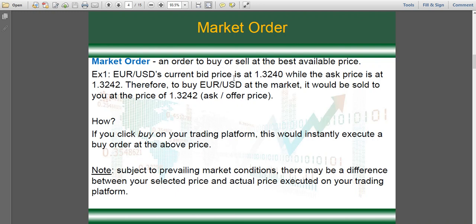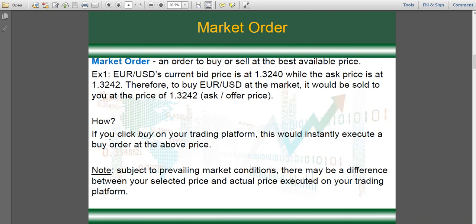Now remember, the bid price is the price at which the broker buys something. That is, the broker sells something to you, and it is the price at which you sell, and the broker buys. This is the price at which the broker buys an asset, and is the price at which you sell the asset. And remember, the offer price is now the opposite.